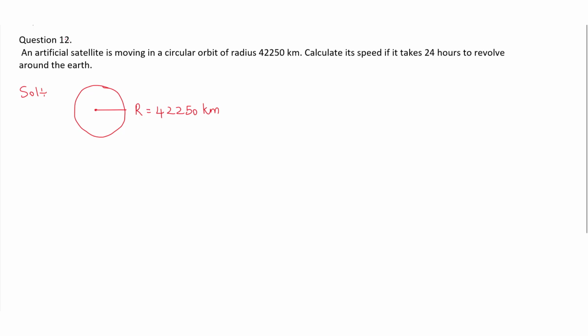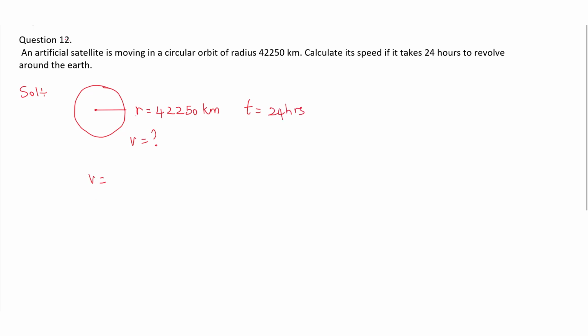We have to find v, and it takes 24 hours to revolve around the earth. Time taken to revolve around the earth is 24 hours. So given, this is our small r, and time t is taken as 24 hours.